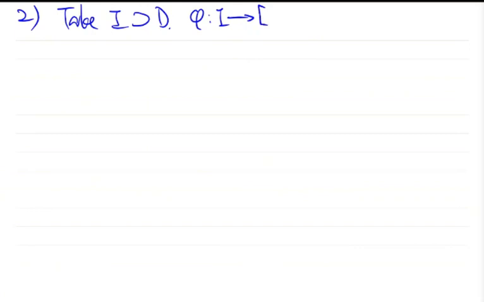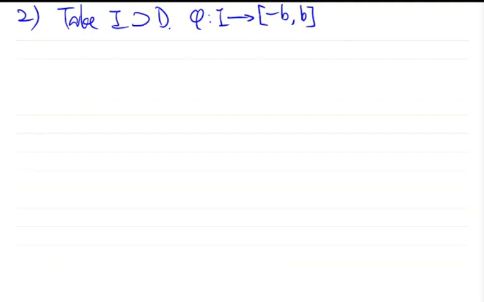To prove the second part, we take a rectangle I containing D, and we consider a bounded function phi defined over the rectangle I. So we can consider such a bounded function as a map from I to an interval.